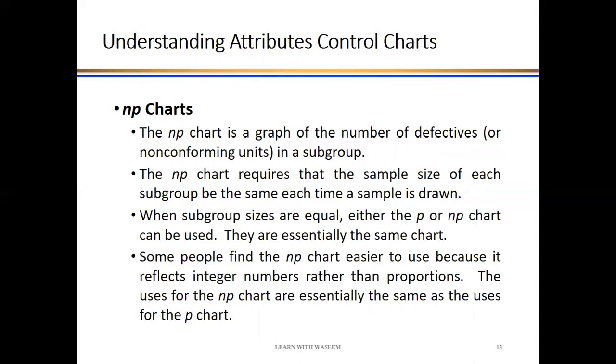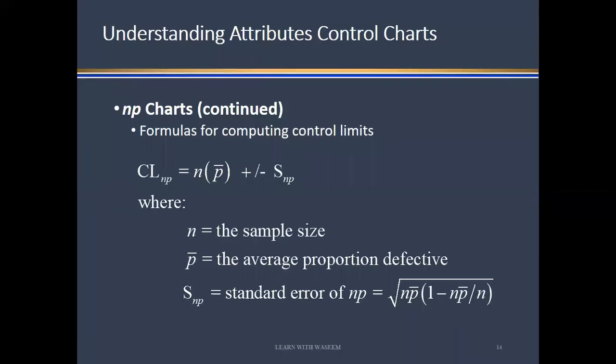The uses for the NP chart are essentially the same as the uses for the P chart we discussed in the previous slides. Subgroup sizes for the NP chart are normally between 50 and 100. Usually, at least 25 subgroups are used in developing the NP chart.